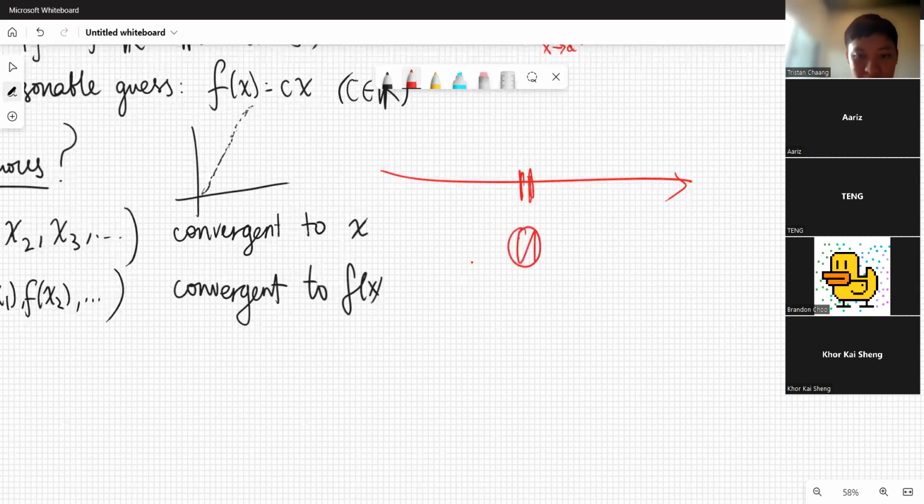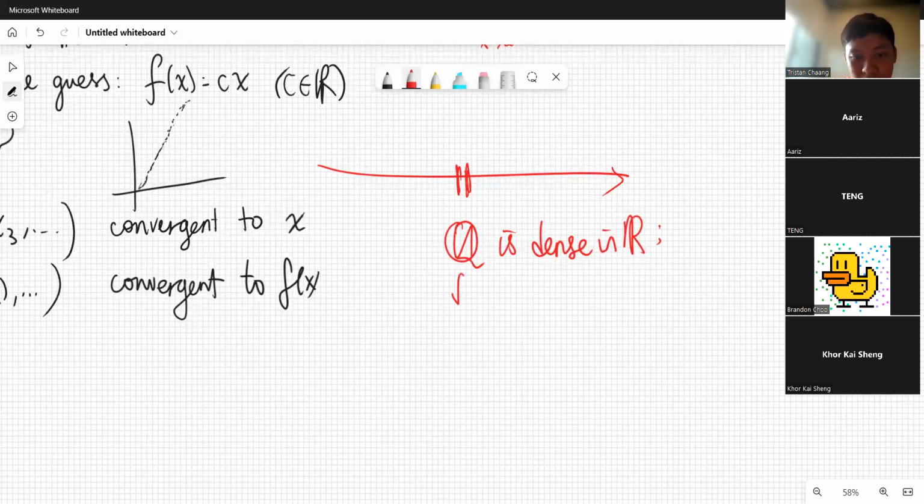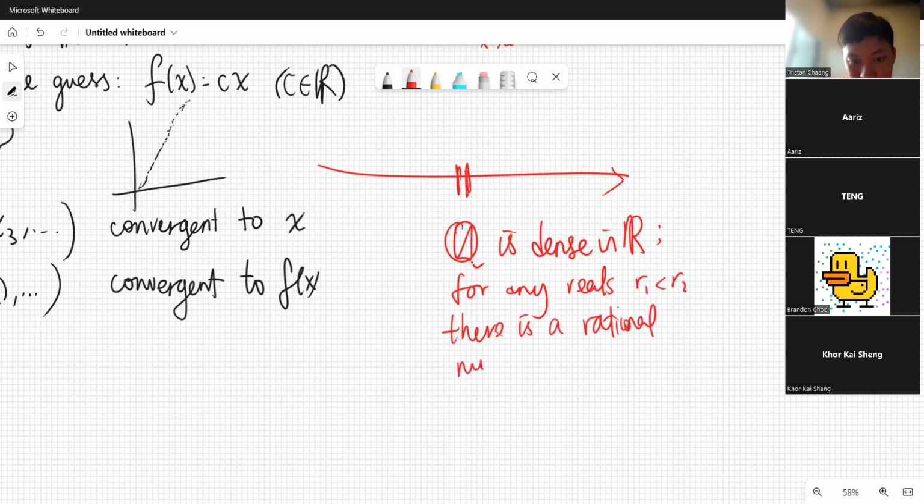So Q is dense in R: for any reals r1 less than r2, there is a rational number in (r1, r2).